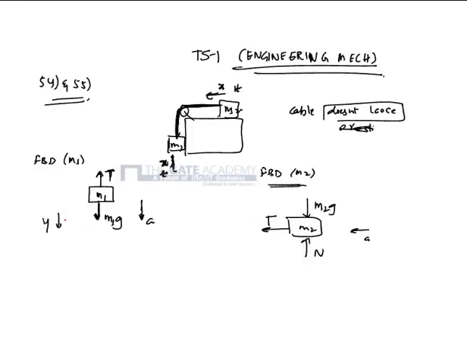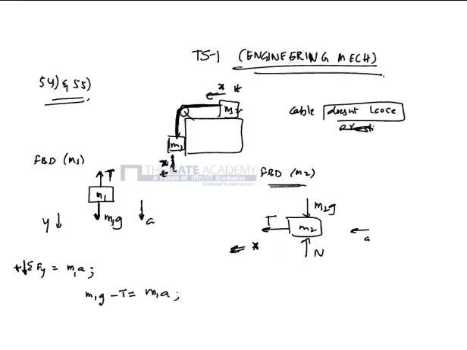Let me take this as my direction. Now I'll apply the equation of motion. If I take the vertical direction positive, sigma Fy has to be M1A. So the downward forces are positive, upward forces are negative, and this is the equation for mass M1.